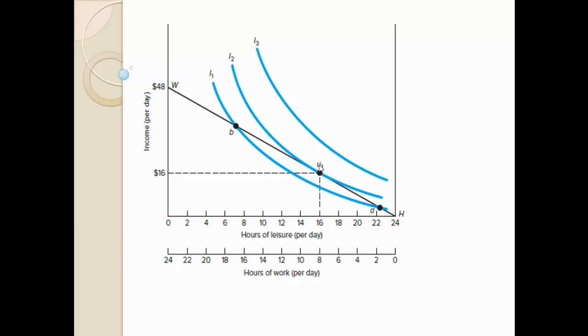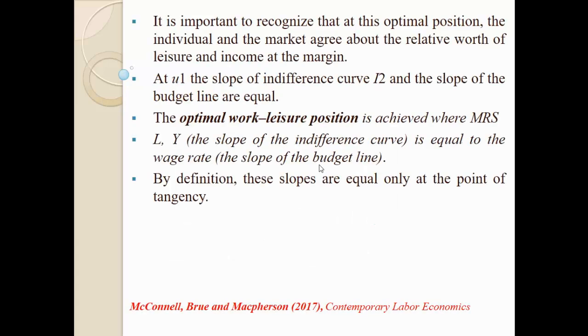So he divides his time of 24 hours into 16 hours of leisure and 8 hours of working if the wage rate is 2. So the labor is in equilibrium at U1. It is important to recognize that in this optimal position, the individual and market agree about the relative worth of leisure and income at the margin.